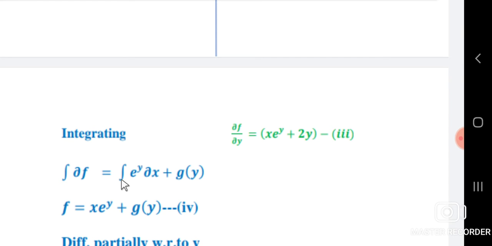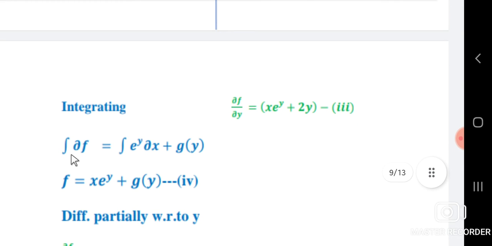The integrand is with respect to x, so other than x becomes constant. So instead of c, we should write g of y. Since we use the alphabet f as a function, we should use function only. If it is dou x, we have to write function of y. If it is dou y, it will be a function of x only.